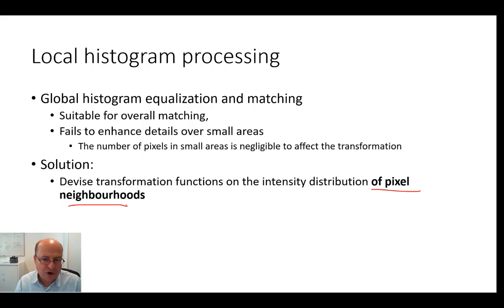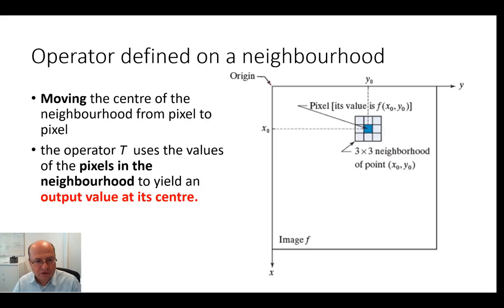Basically what we're going to do is histogram equalization on a moving neighborhood, or on a window. I'm going to move this window along the image and apply histogram equalization on every single bit of it, altering only the middle of the window.